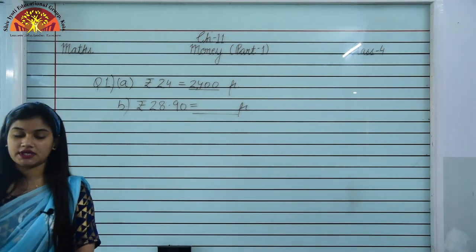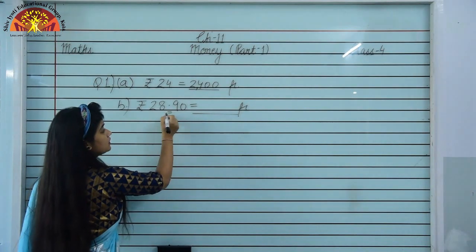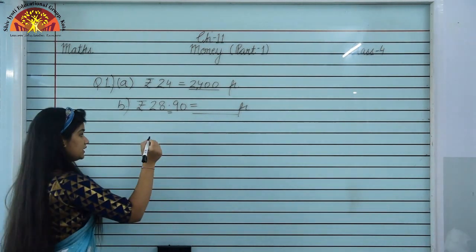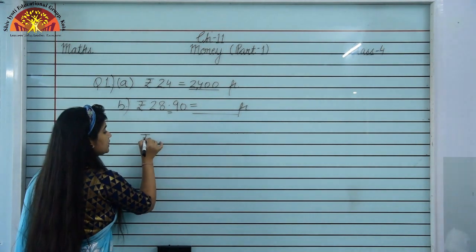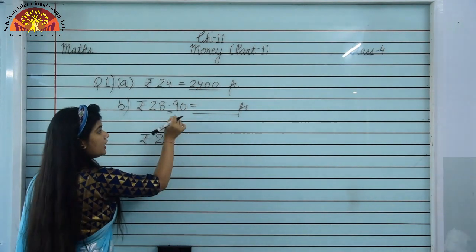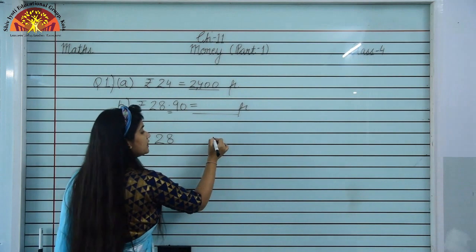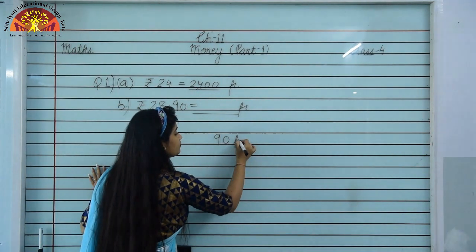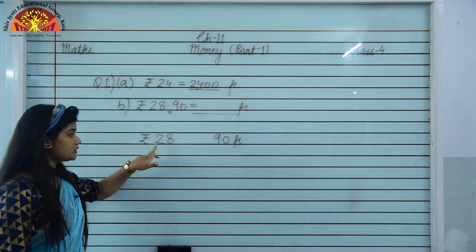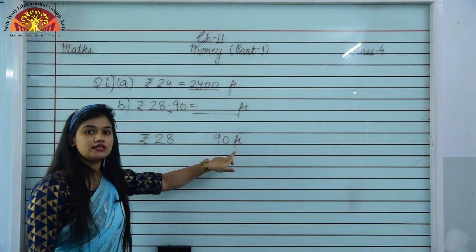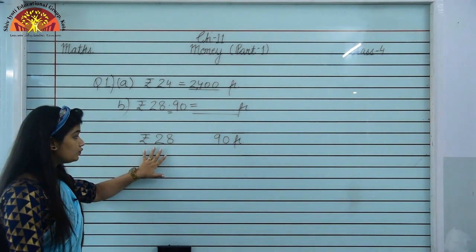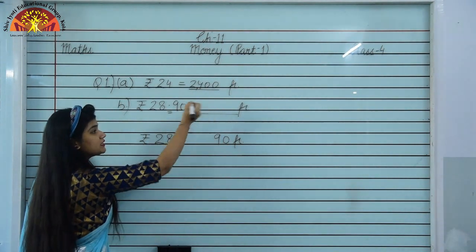What is the meaning of this point? This point shows rupees 28, and after the point 90 is coming, which means 90 paise. Is it clear? Rupees 28 and 90 paise. Now we have to convert rupees 28.90 to paise.